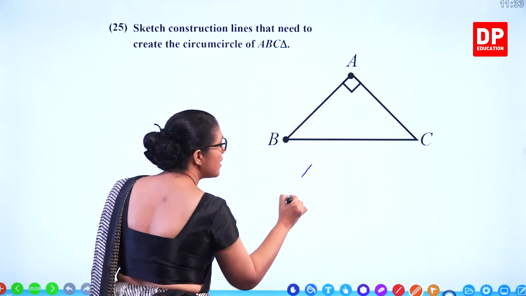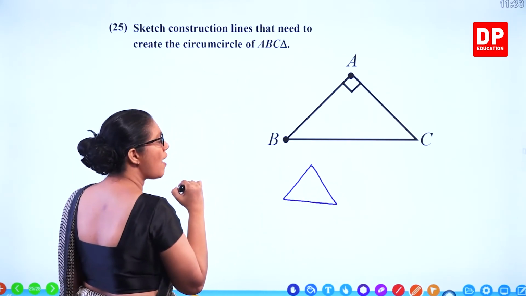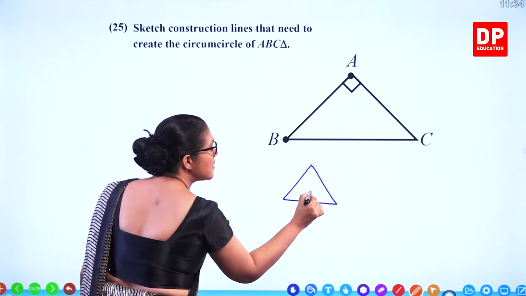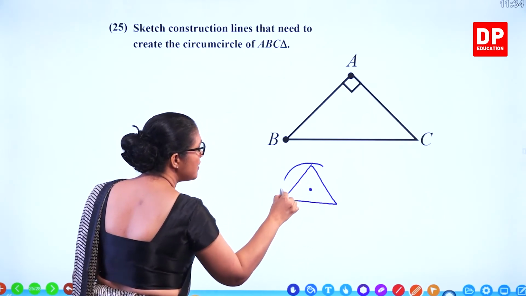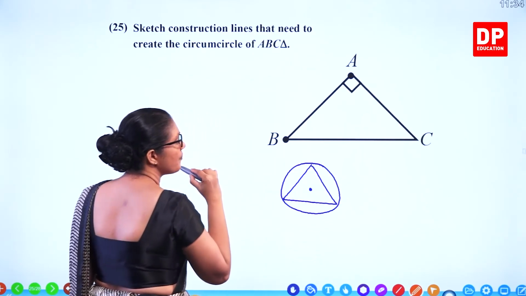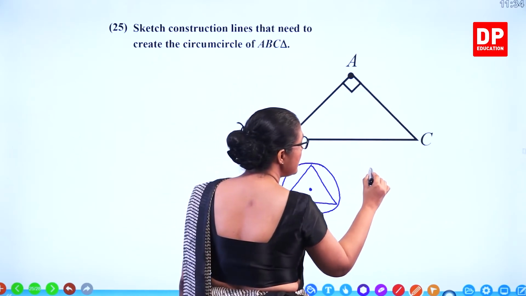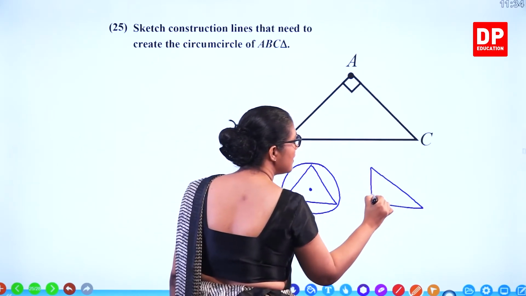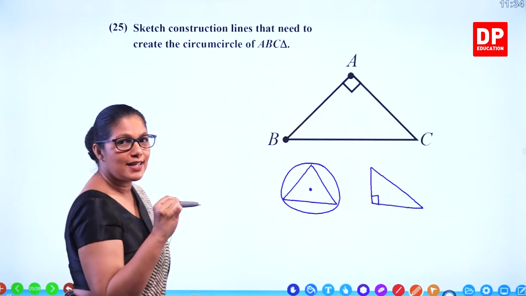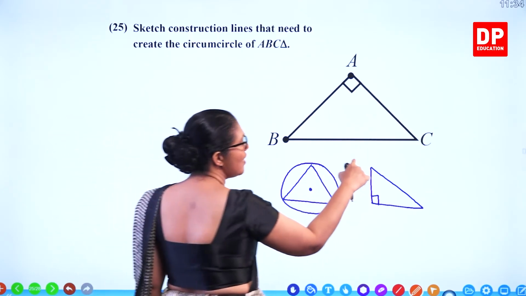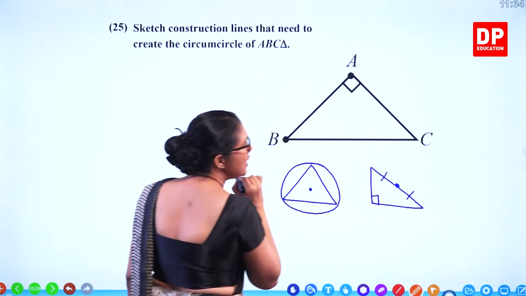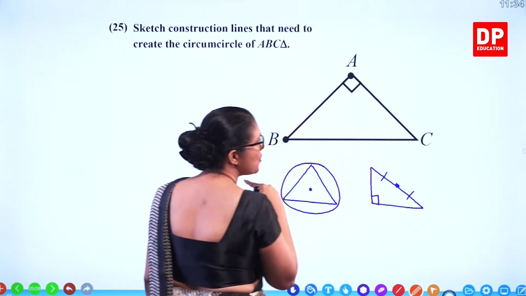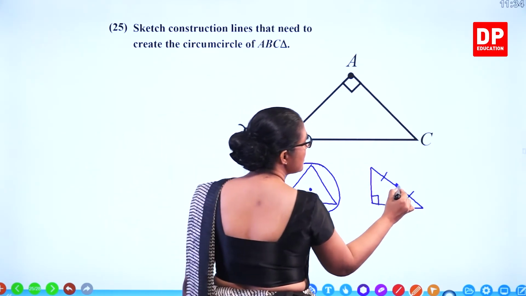If the triangle is an acute angle triangle, the center of the circumcircle is inside the triangle. If the triangle is a right angle triangle, where is the center? It is on the hypotenuse, at the mid value of the hypotenuse. So this is the center.